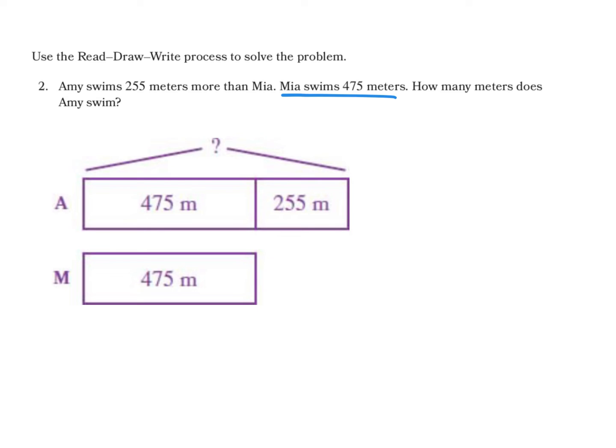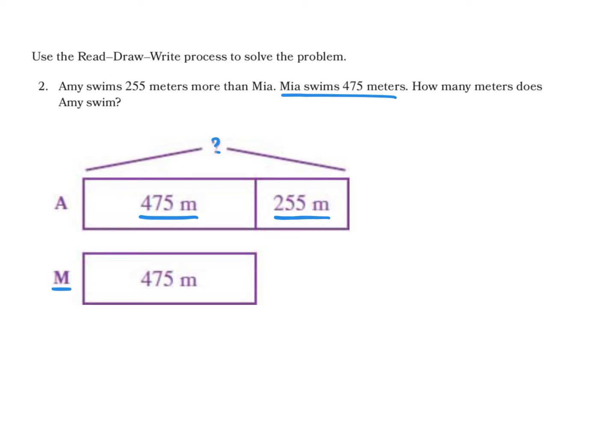So Mia, 475. Amy did 255 meters more than Mia. So we know that Amy did 475, but then she also did 255 meters. So if we have those two parts, that's what we're trying to figure out. So how much did Amy swim?